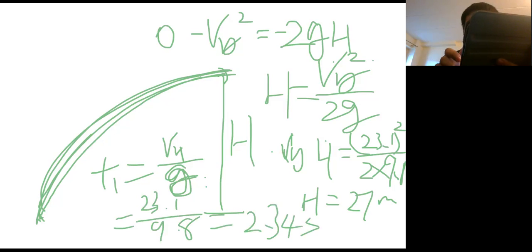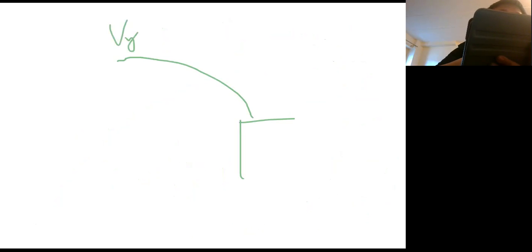Let's go to the motion from the highest point to the building. The ball falls from the highest point, where Vy2 is 0, and the speed when it hits is Vy dash.